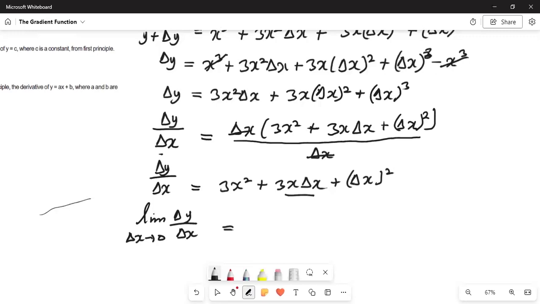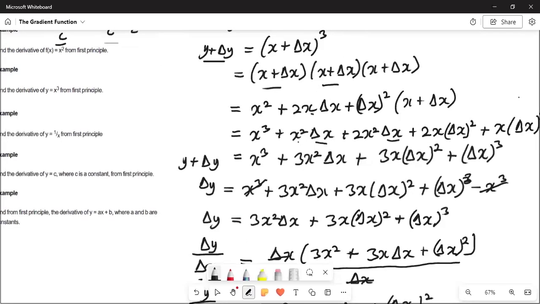That is, we substitute 0 here. 0 times 3x is 0. Again, 0 squared is 0. So our answer is 3x squared. So the limit of delta y over delta x is 3x squared, and that is the derivative of y equal to x to the power 3 from first principle.